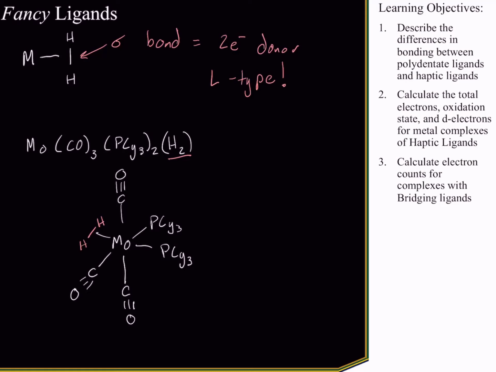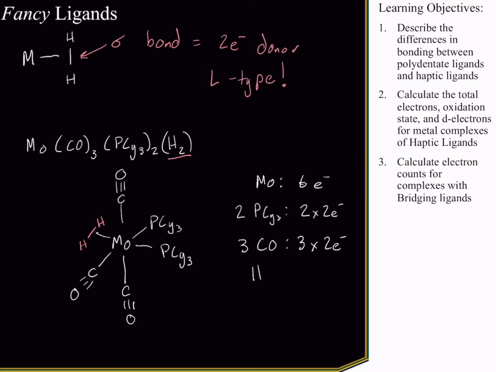So if we were going to go through and do our electron counting, our molybdenum brings with it, if we look at our periodic table, 6 electrons. We know that our phosphines are each 2 electron donors, so we have 2 times 2 electrons there. Our carbonyls, we've seen these a number of times now, these good old carbon monoxide ligands. We know that each of these is a 2 electron donor as well.